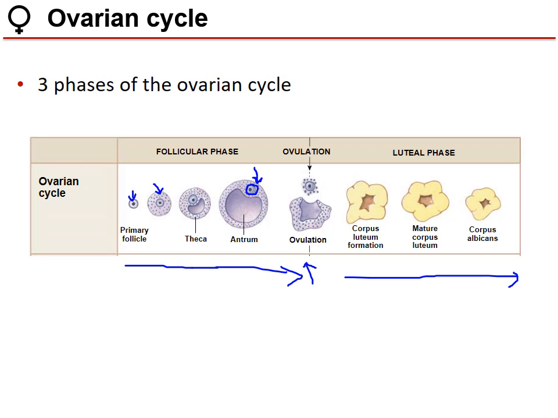If you think back to the diagram we did on meiosis, the secondary oocyte means that the chromatids have separated, but there's cell division arrest, because only once ovulation takes place and that secondary oocyte is released and then fertilized does the completion of the second meiotic division take place. What is left of the ruptured follicle is then converted into a corpus luteum, which later turns into a corpus albicans.